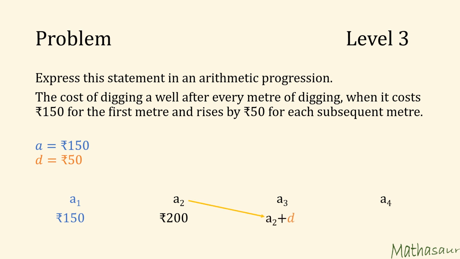The next term a3 would be equal to a2 plus d, or 250 rupees. The fourth term a4 would be a3 plus d. It comes out as 300 rupees. So the given statement can be written as an arithmetic progression. Rupees 150, rupees 200, rupees 250, rupees 300 and so on.